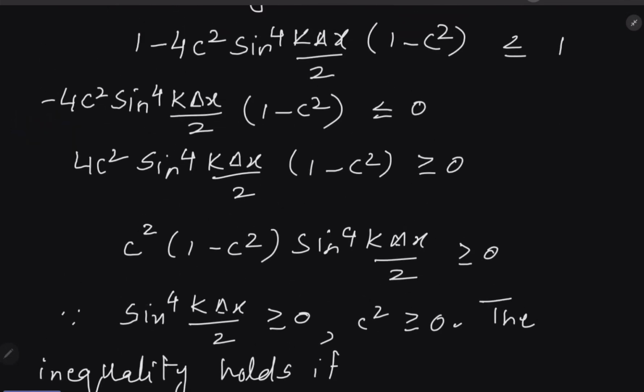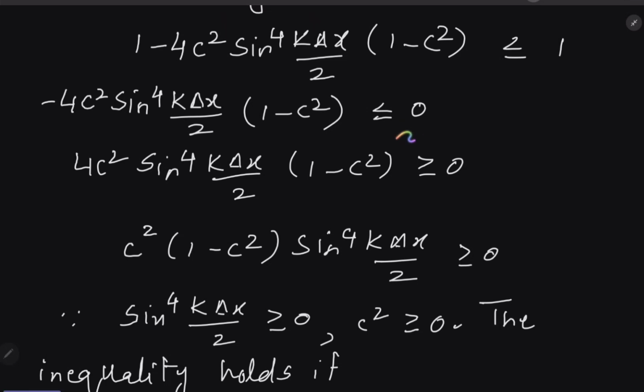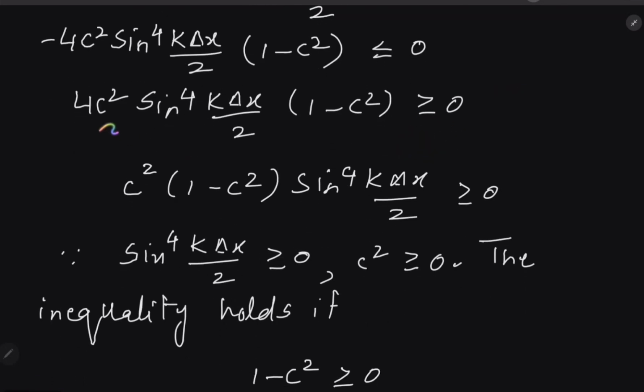After some simplification, we multiply this whole inequality with minus 1, and the inequality changes. Since this is positive, divide by 4. This will be neglected from here.